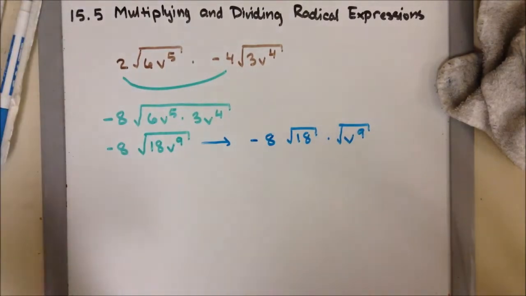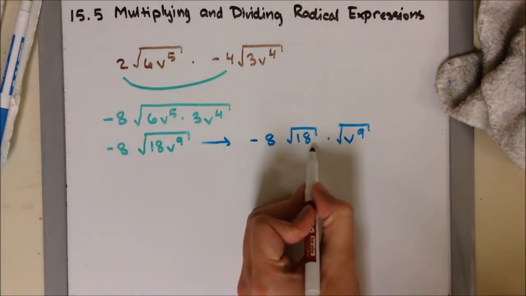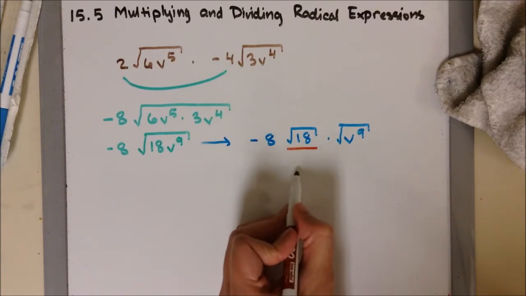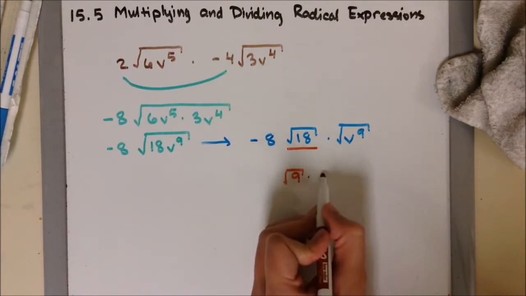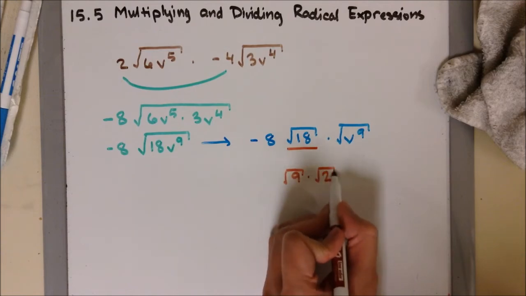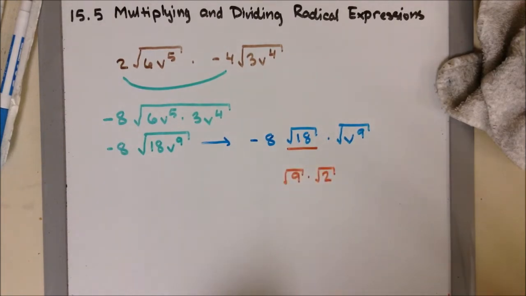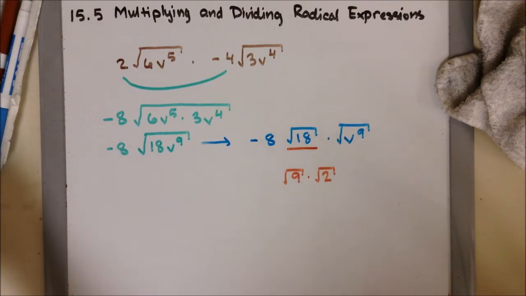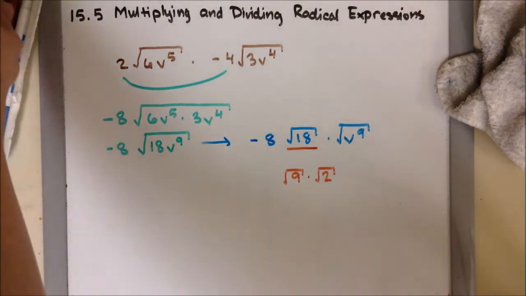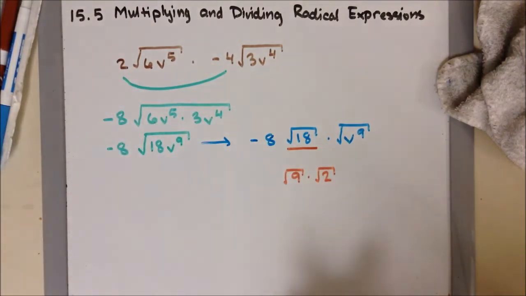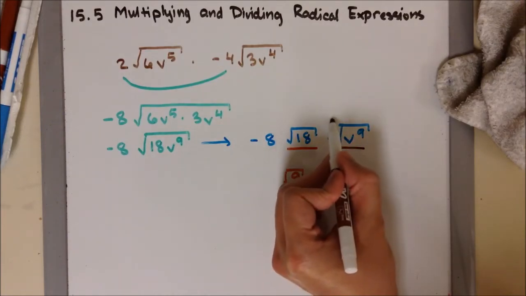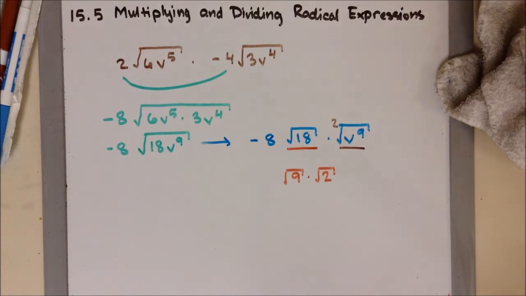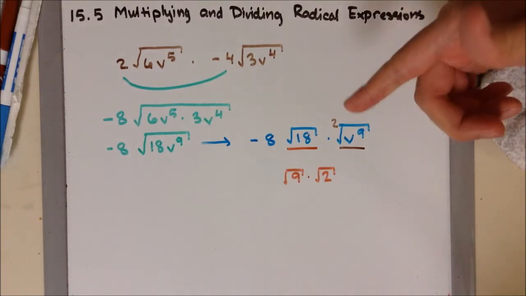Now 18 is not a perfect square number, so I'm going to separate into 2 factors, which is the square root of 9 times the square root of 2. And then for the square root of v to the 9th power, remember we have that invisible 2. 2 cannot go into 9 as a whole number.